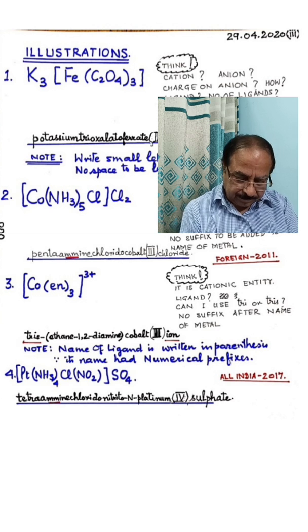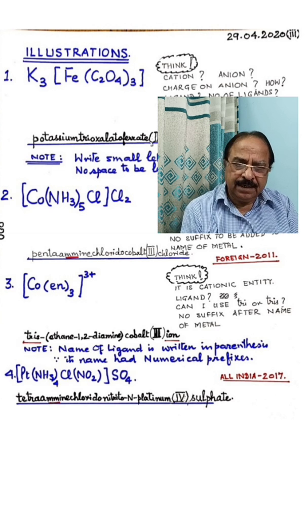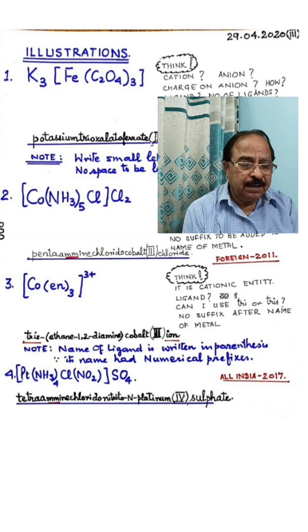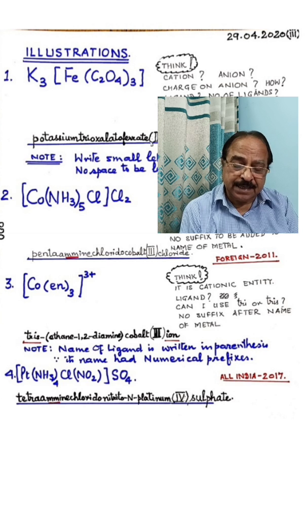That means there are 3 ligands, and the ligand is ethane-1,2-diamine. The name of this ligand includes some numerical prefixes, so we have to write its name in brackets.